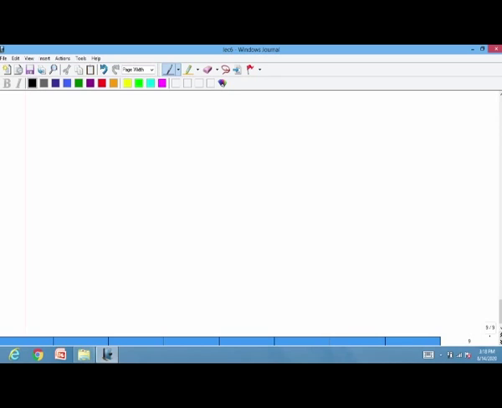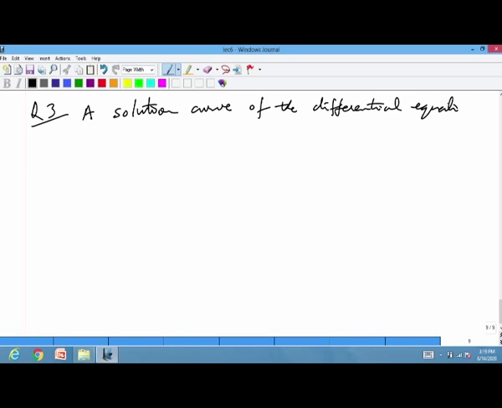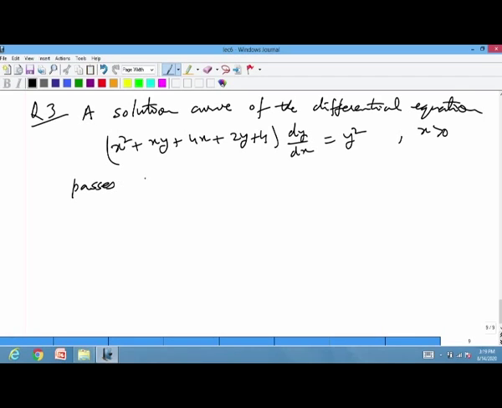So, let us move to question number 3. A solution curve of the differential equation (x square plus xy plus 4x plus 2y plus 4) dy/dx equal to y square for x greater than 0 passes through the point (1, 3).